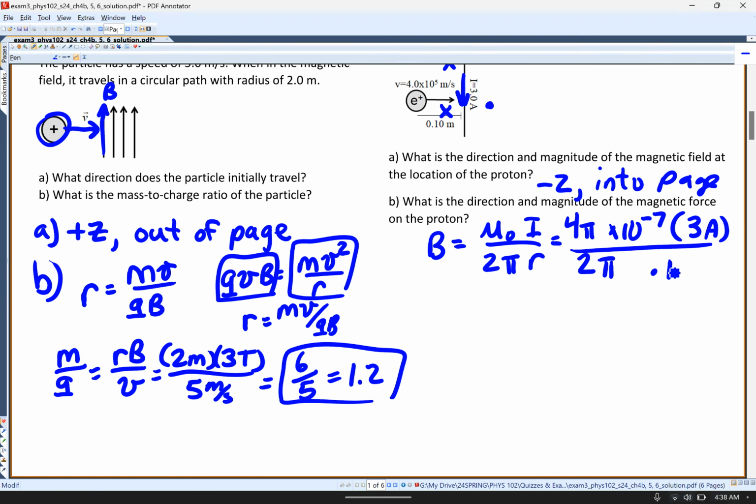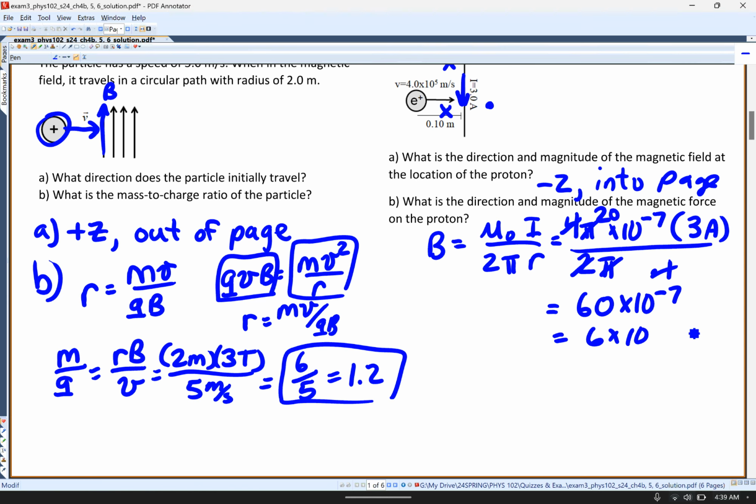So I can get some cancellations here. The pi's cancel. I can get rid of the 0.1, and that becomes 20. So I get the magnetic field is 60 times 10 to the minus 7, or that's 6 times 10 to the minus 6 tesla. So that's the magnetic field.